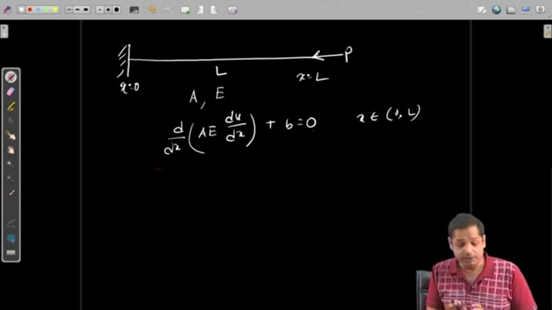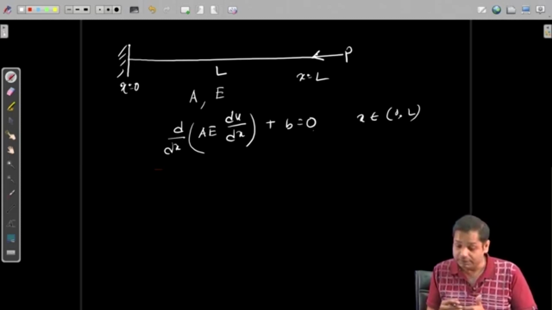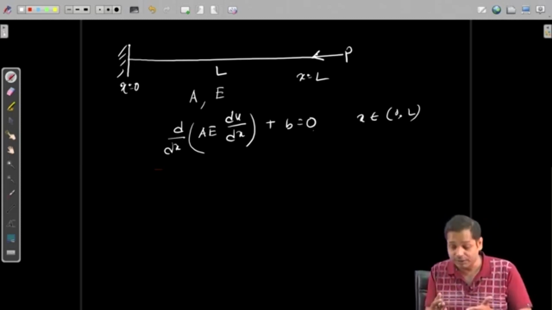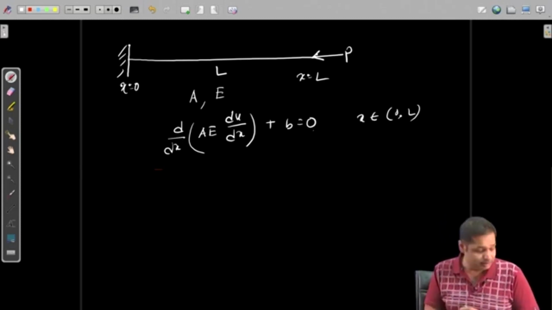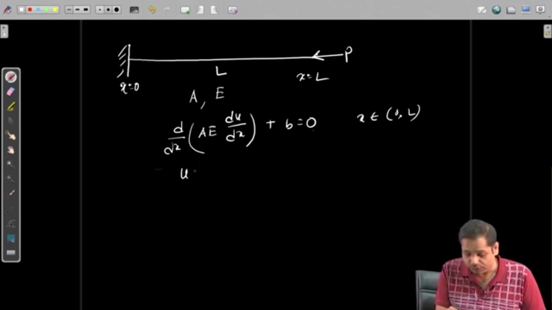But this information is not complete. The boundary conditions need to be given, the constraints at the boundary. Constraint 1: u at x equal to 0 is equal to 0.